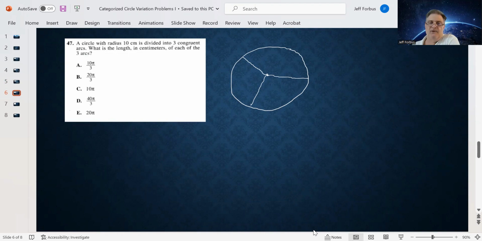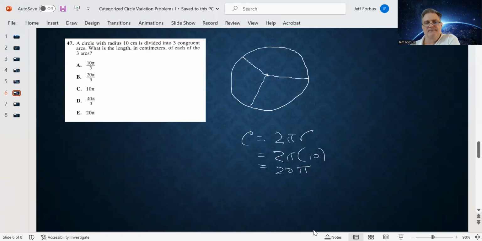Now, you know the circumference of a circle is 2 pi r. And they tell us the radius is 10. So 2 pi times 10. So that's going to be 20 pi. Now, what is the length in centimeters of each of the arcs?